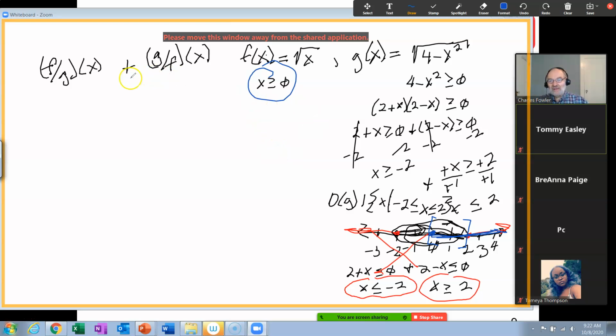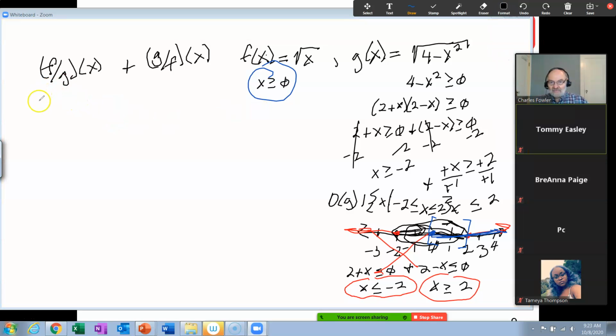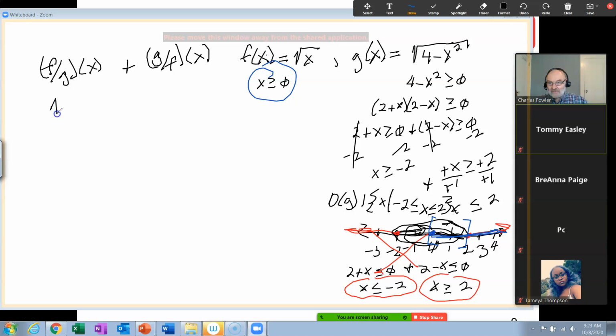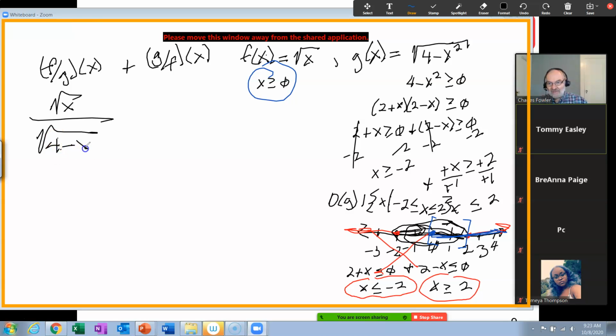Okay, so f divided by g, let me go back to black. F divided by g would be simply the square root of x, that's your f, divided by the square root of 4 minus x squared. That's your g.